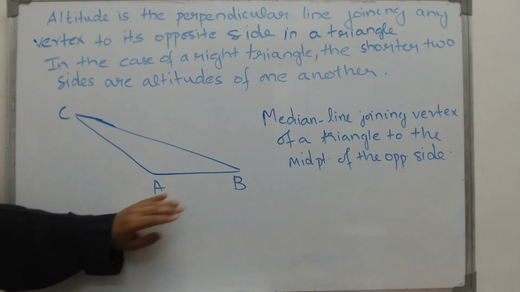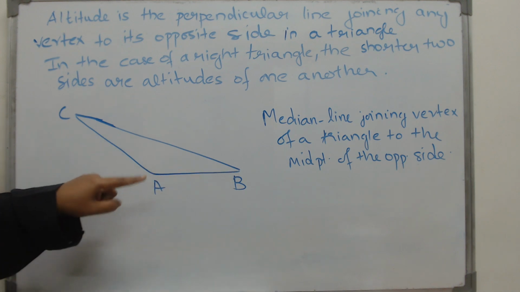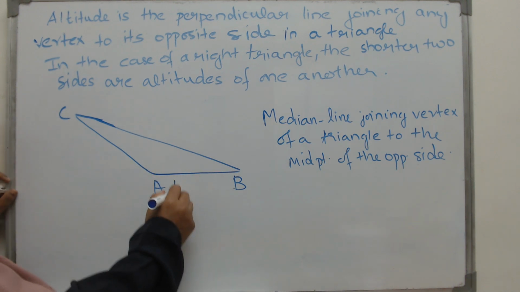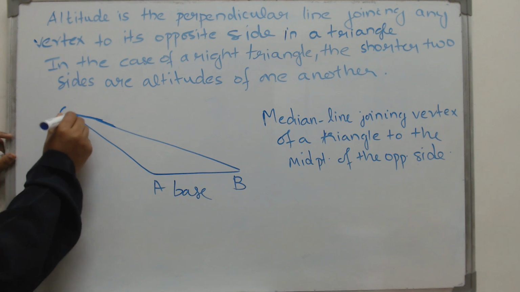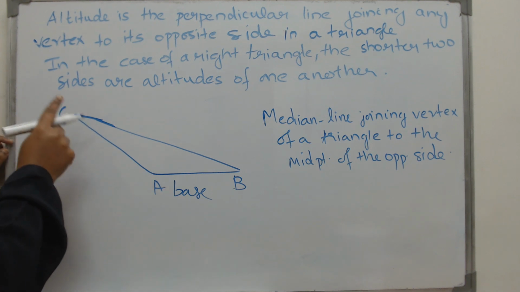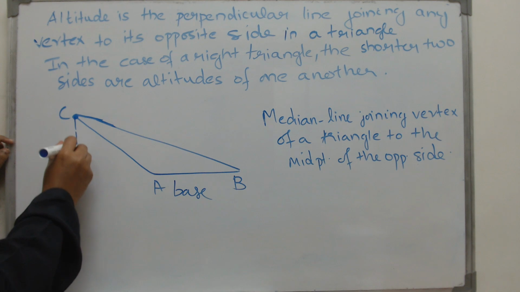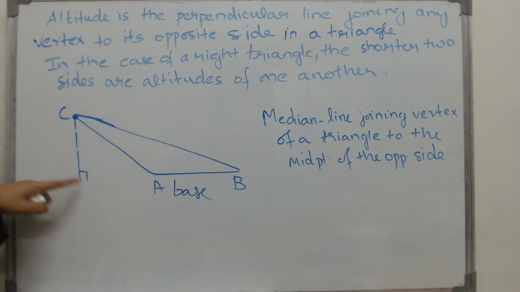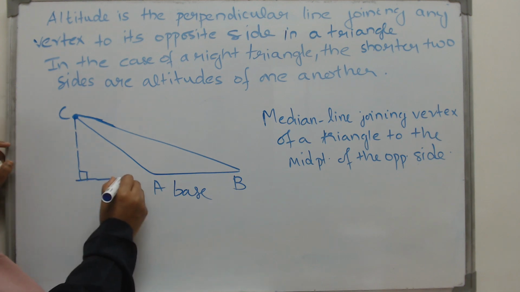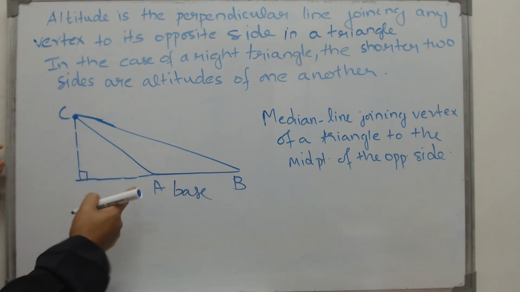This is a classic example. Take AB, this is our base. Then how will the altitude of AB look like? It should start from C. C is its opposite vertex. It should start from C and it should be perpendicular to AB. So what do you have to do? You have to actually extend this AB.